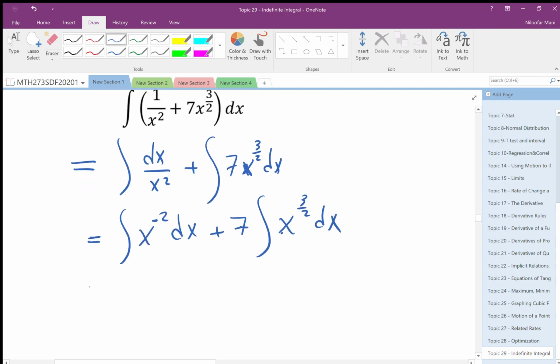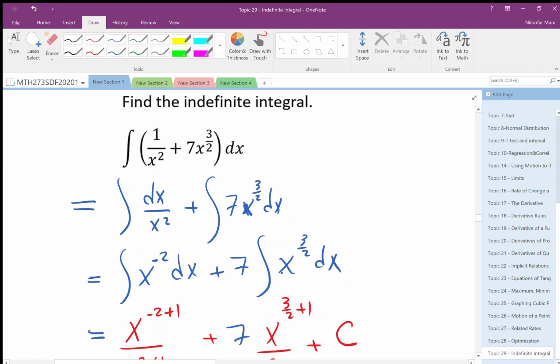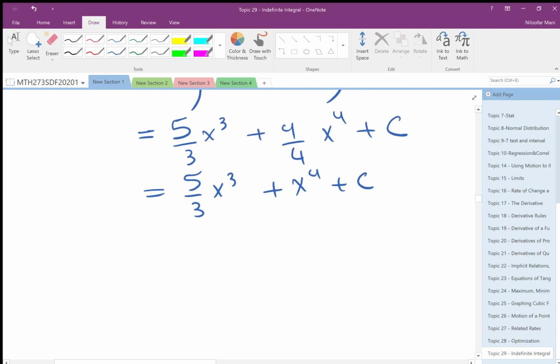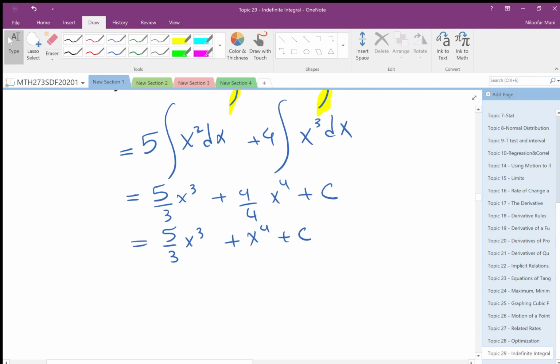Okay, now can I find the answer here? Yes. X power minus 2 plus 1 divided by minus 2 plus 1 plus 7 x power 3 over 2 plus 1 over 3 over 2 plus 1 plus c. Okay? Which is the same as here. Look at this one. See?